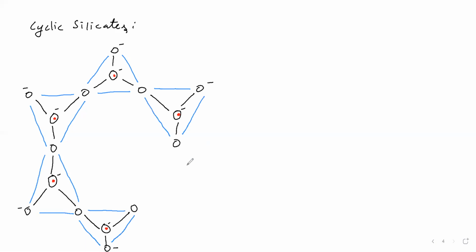Next, silicon. Here O minus we will say, here O, here O, here O minus. This is one SiO4 unit. Okay. This is called a cyclic silicate.